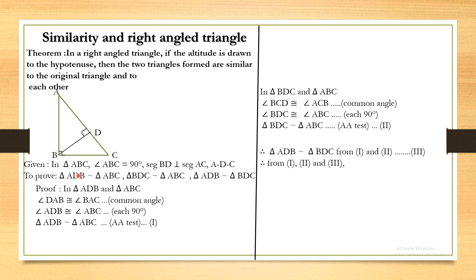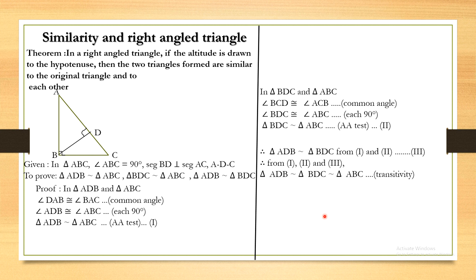These two small triangles are also similar. By the property of transitivity we can write that all three triangles are similar. This is known as the theorem of similarity in right angle triangles.